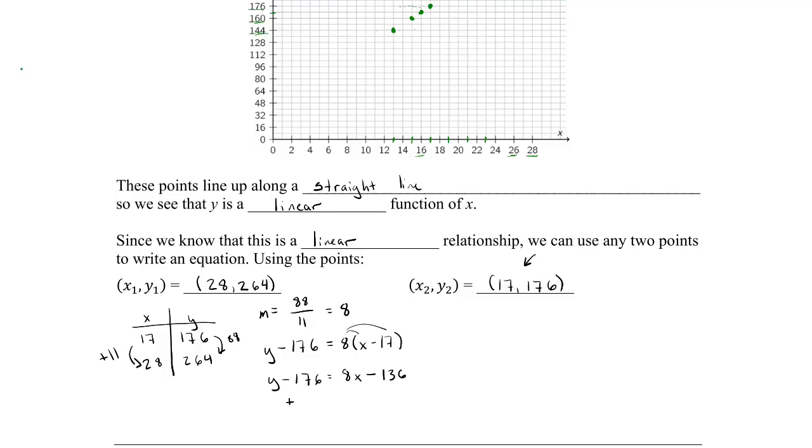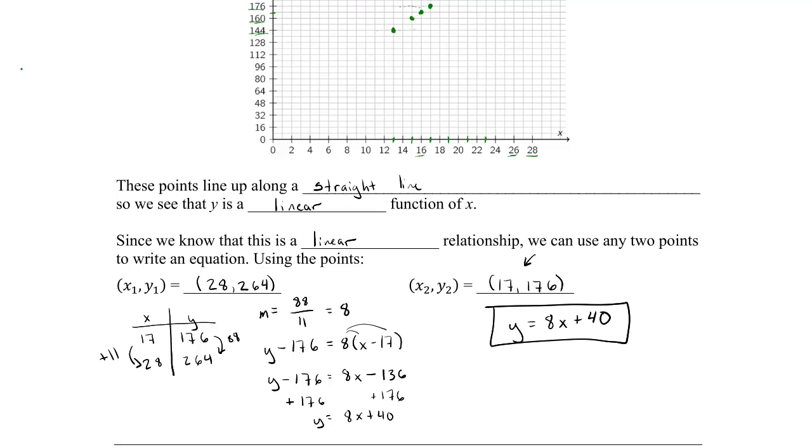And finally, we'll add 176 to both sides, and we'll get y equals 8x plus 40.